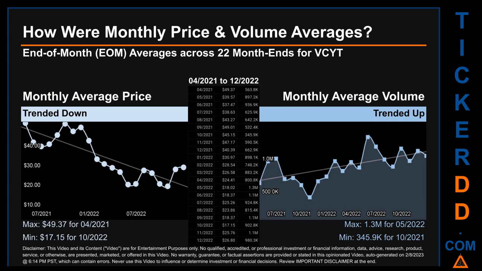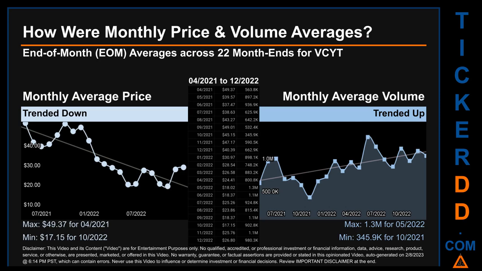How were price and volume averages for VCYT? Across 448 trading days, there were a total of 22 month ends, of which monthly averages for daily price and volume were calculated. Overall, monthly price average trended down while monthly volume average trended up.